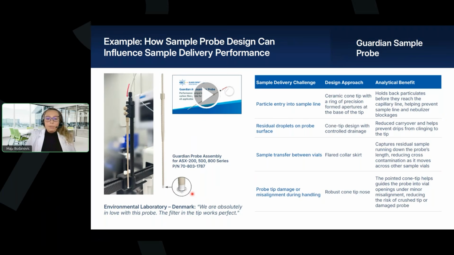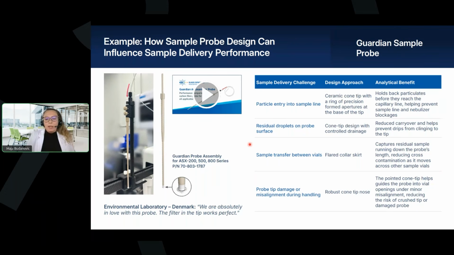Another consideration when we think about the sample probe is maintaining the sample integrity during the movement of your sample probe between the vials. Features such as the controlled drainage and the flare collar design can help reduce residual droplets and carryover during this sample transfer.